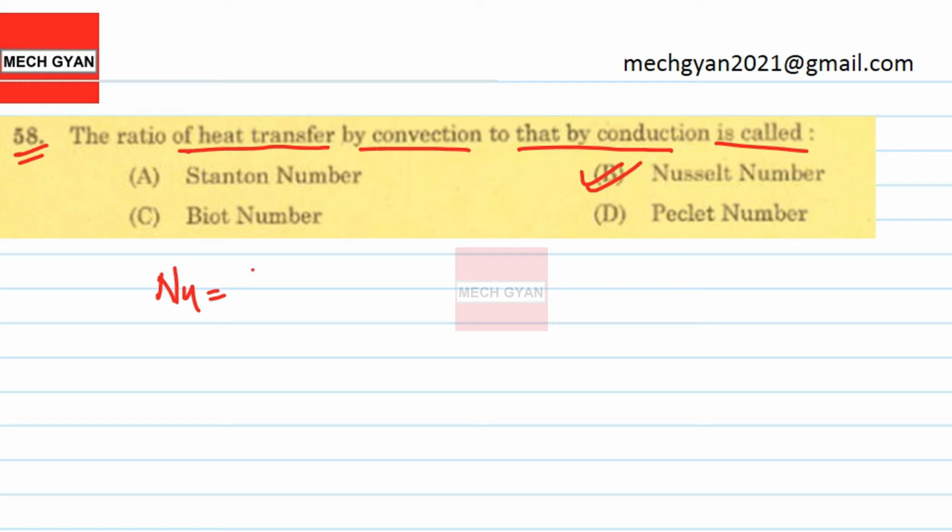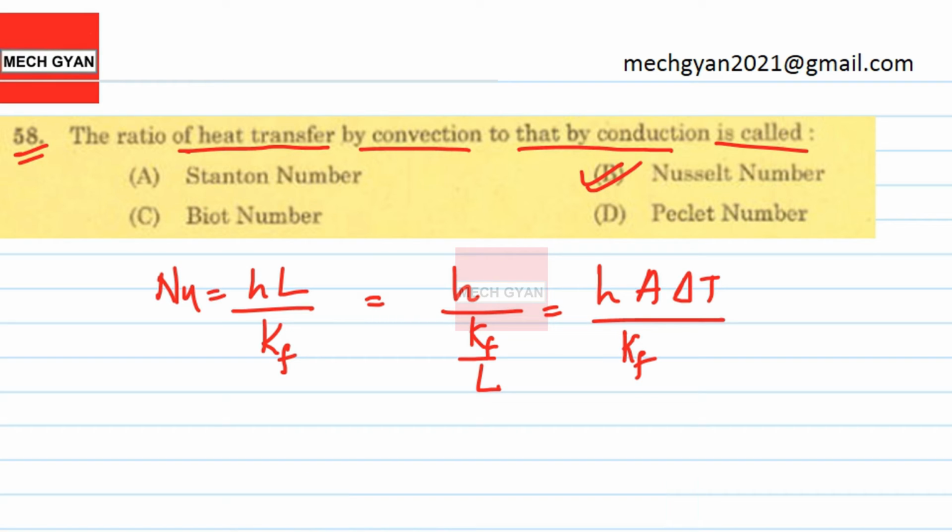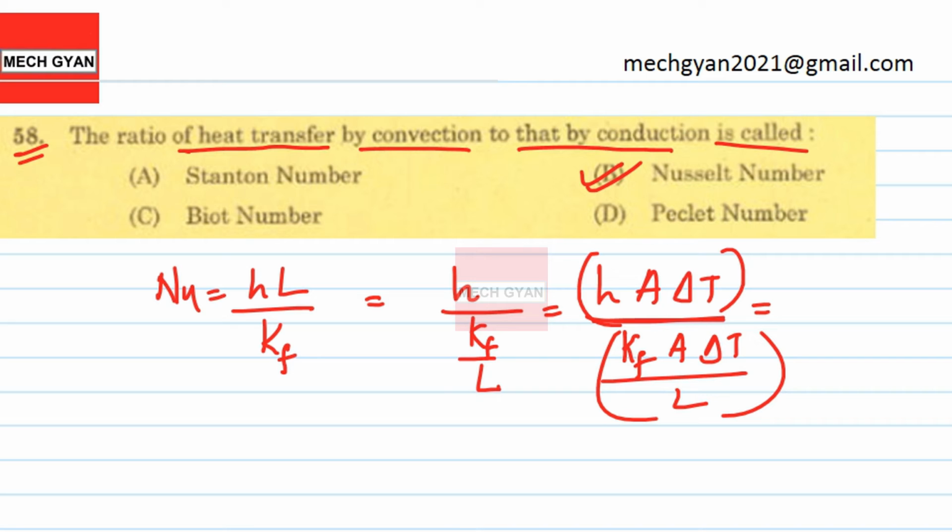We have Nusselt number equal to hL by k of the fluid, or we can rewrite it in the form of h by kf by L, that is equal to hAΔT by kAΔT by L. So numerator is basically heat transfer by convection, and denominator is heat transfer by conduction.